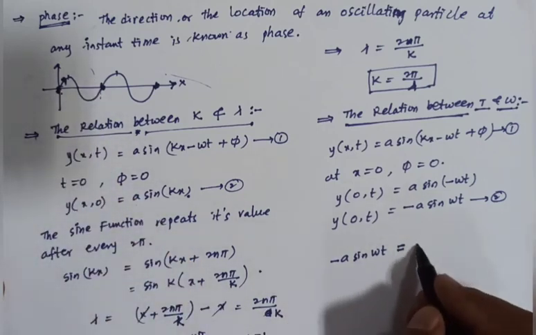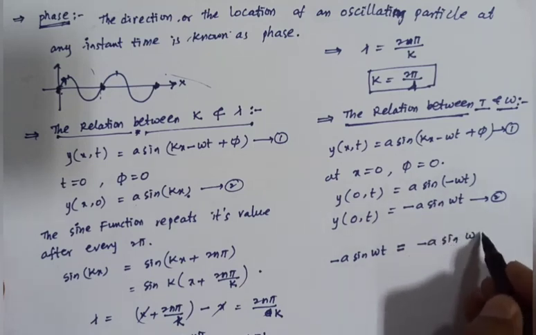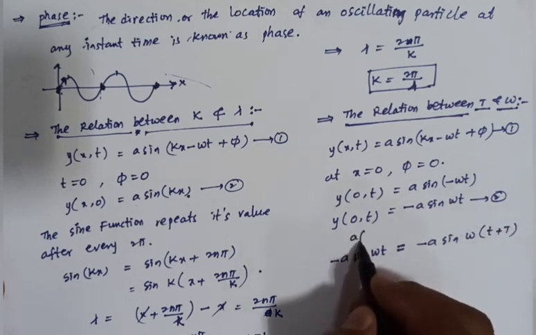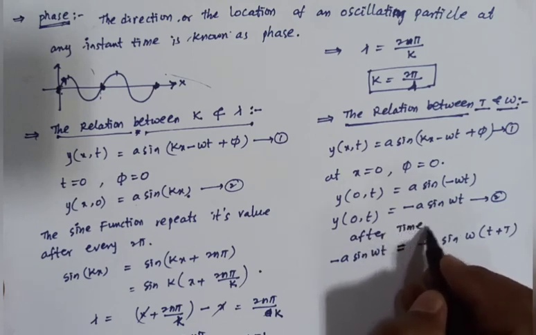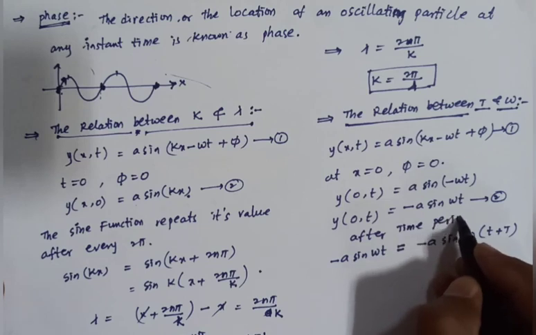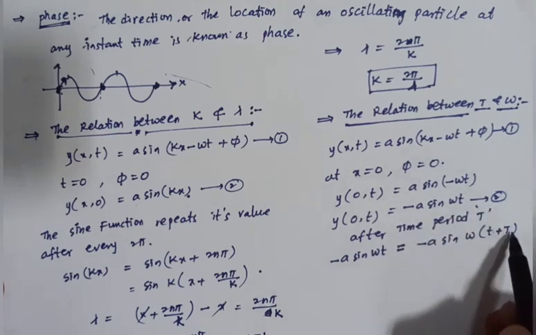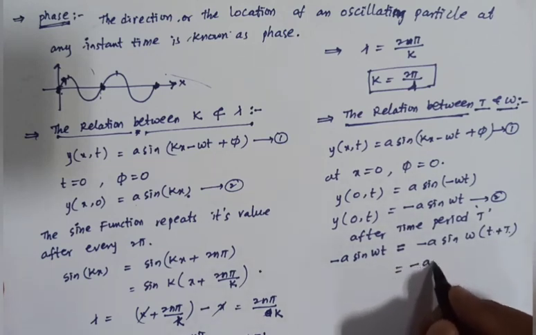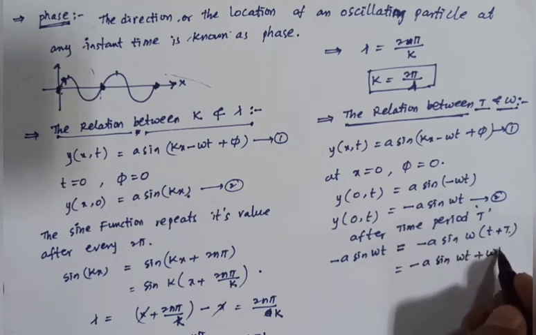So it is also written as minus a sin omega(t plus capital T), which equals minus a sin(omega t plus omega capital T).